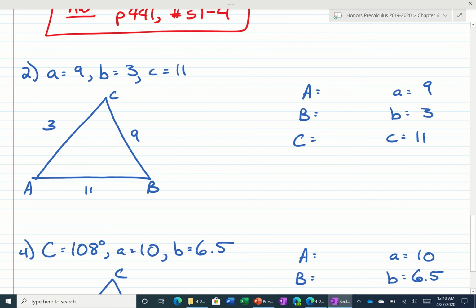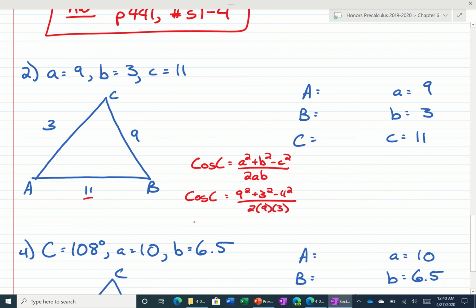So the largest angle would be angle C because the largest side is side C. So to find angle C, cosine of C is equal to a squared plus b squared minus c squared over 2ab. 9 squared plus 3 squared minus 11 squared is negative 31, over 2 times 9 times 3, which is 54.